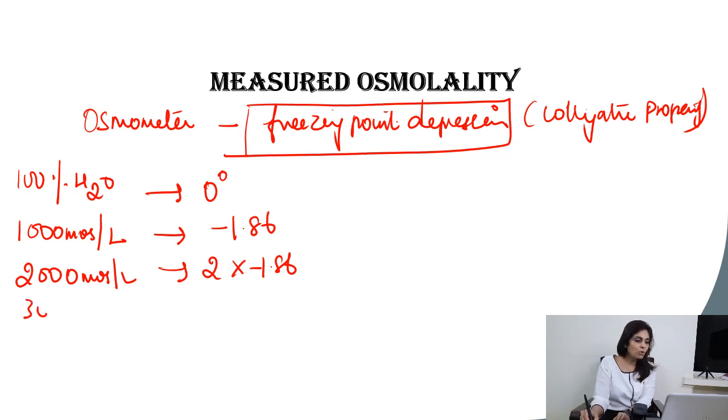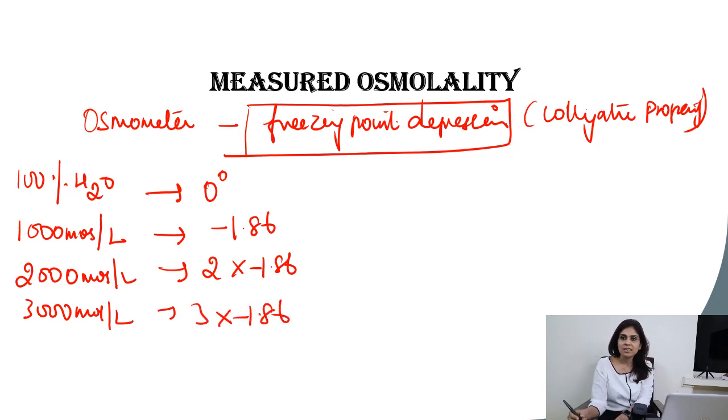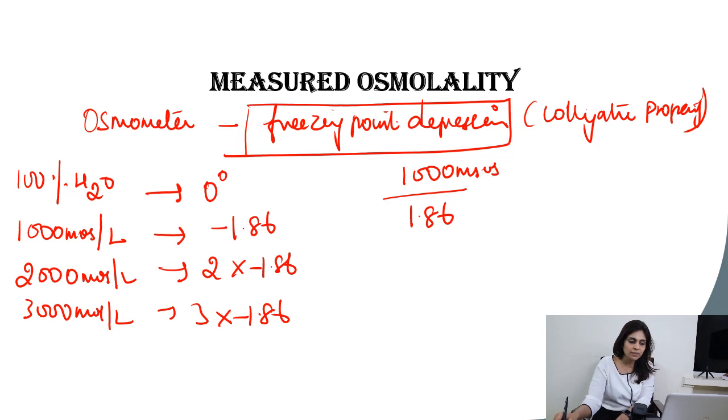Add 1 more osmole, that freezes at 3 into minus 1.86. So what does this mean? If the freezing point is depressed by 1.86, from 0 to minus 1.86, then the osmolarity of the solution is 1000 milliosmoles per liter.